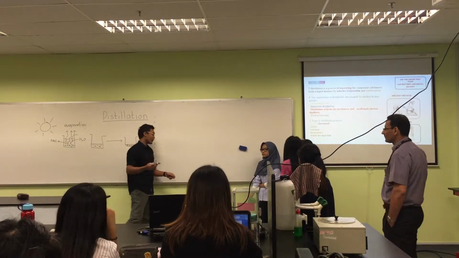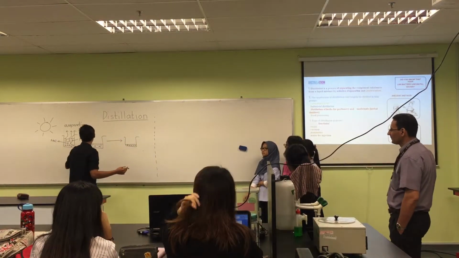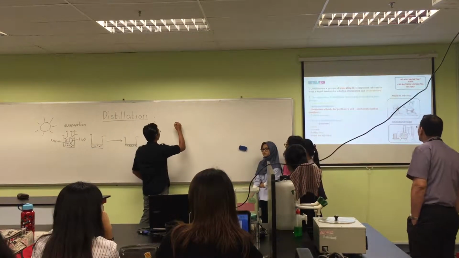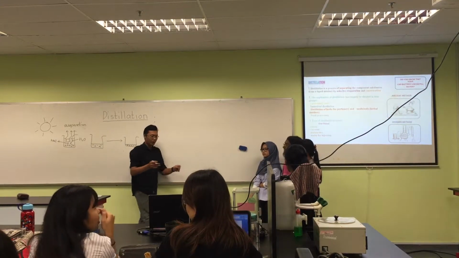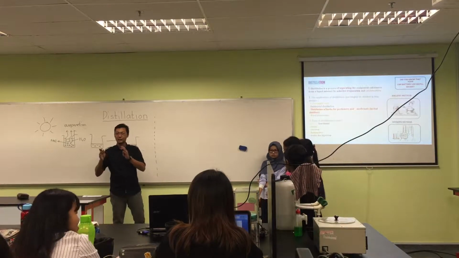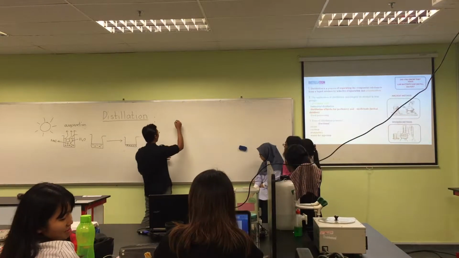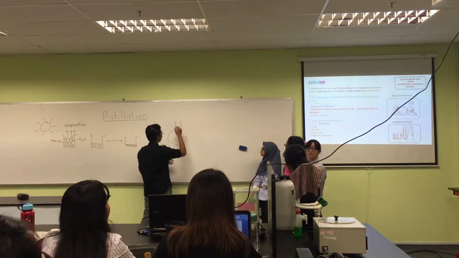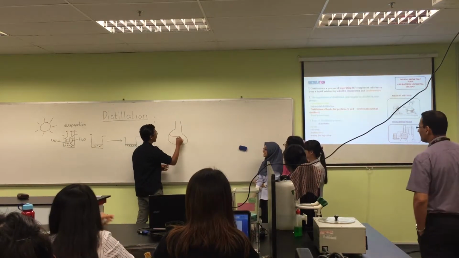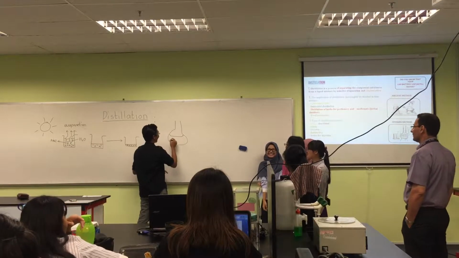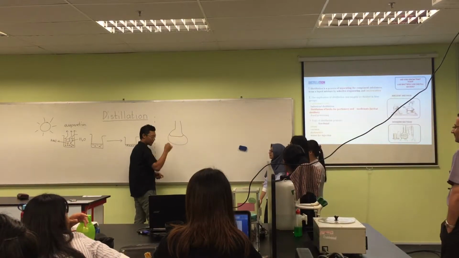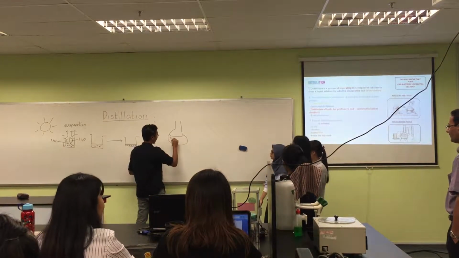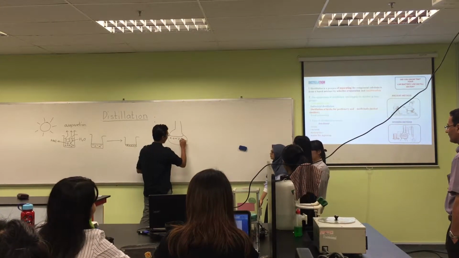For example, we use the same sodium chloride solution. How do we separate both of them at the same time? We use a flask, something like this, and put in the sodium chloride solution, the mixture that contains water and sodium chloride.